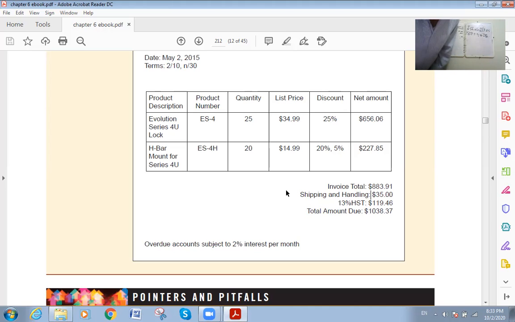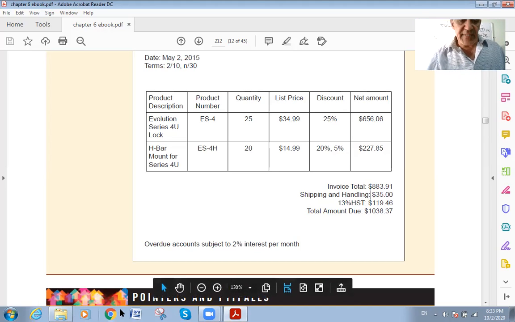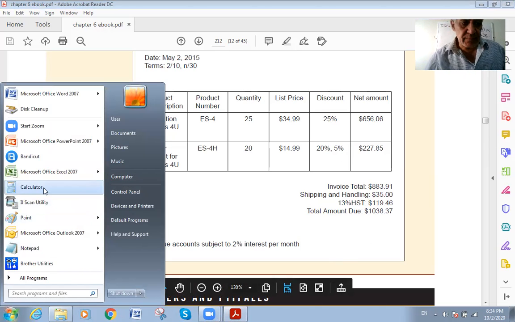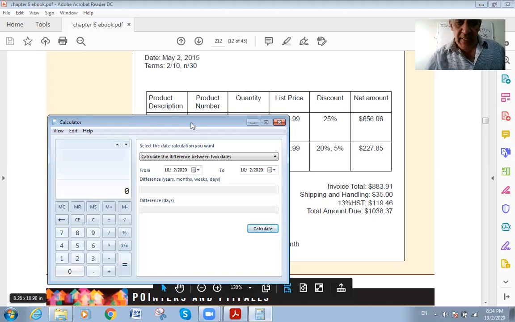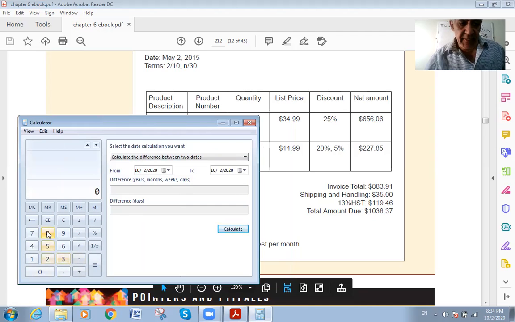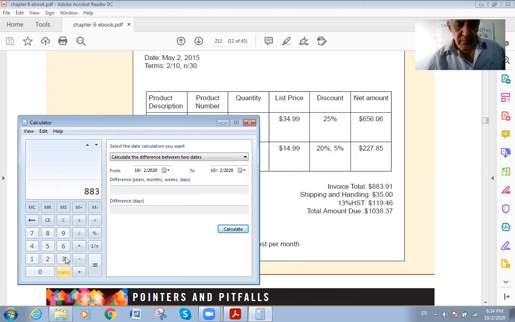Then also plus 13% HST. The 13% applies to both of them together, so I will multiply by 13%. First I will add 883.91 plus 35, which equals 918.91.